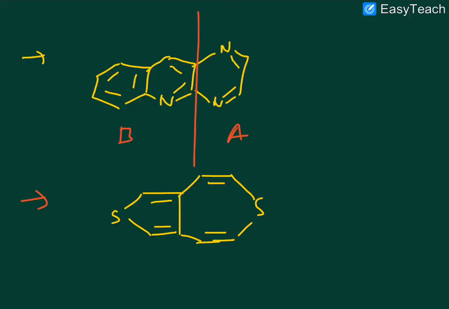There is one ring in this system and one ring in this system, so we look at the larger ring. This contains a 5-membered ring and this a 7-membered ring, so this is the base component and that will be the attached component. So we have talked about all these rules, with their different priorities, and we can decide what is the base component and what is the attached component. Thank you.